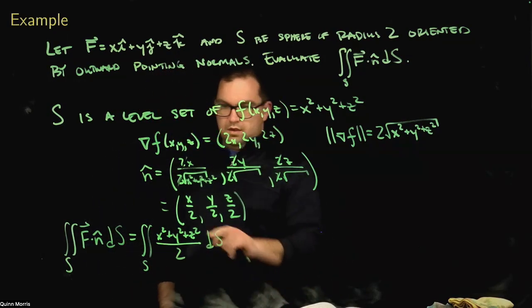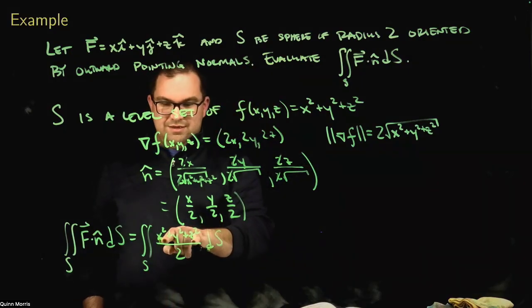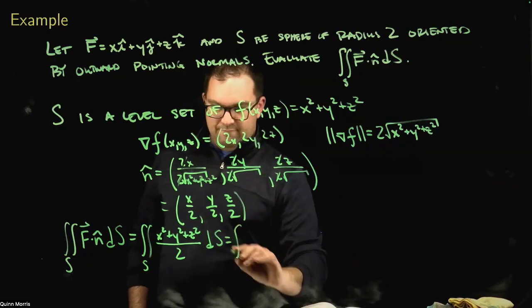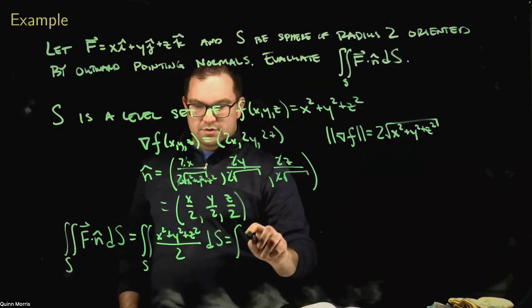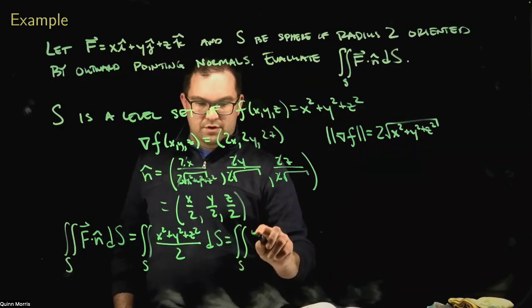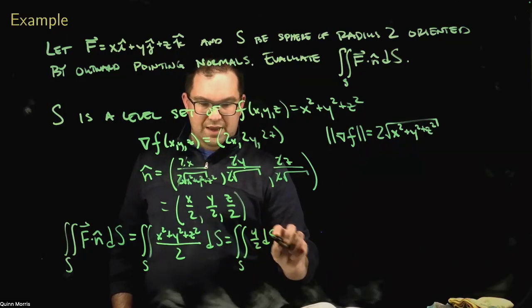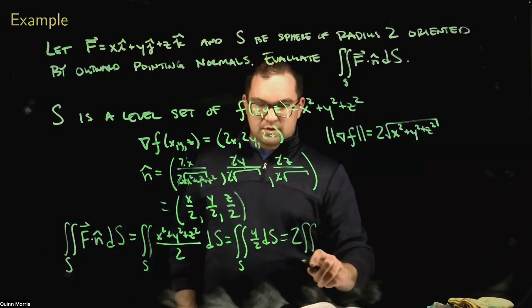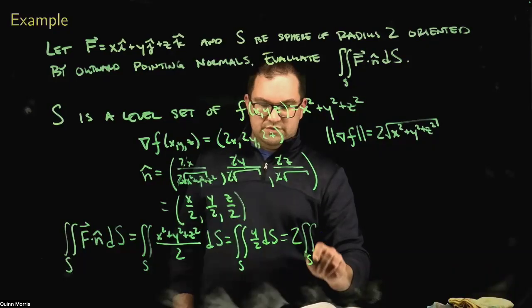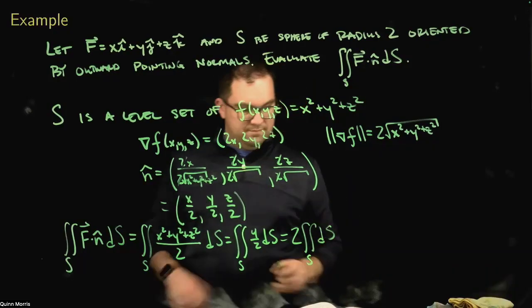But now again, remember that this is just going to be 4, because I'm looking at the level set where x squared plus y squared plus z squared is equal to 4. So you get the surface integral of 4 over 2 ds. So this is 2 times the surface integral of ds.